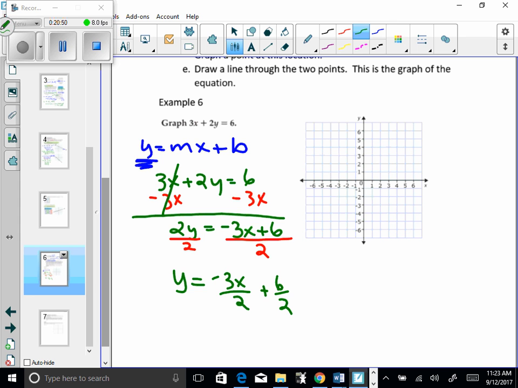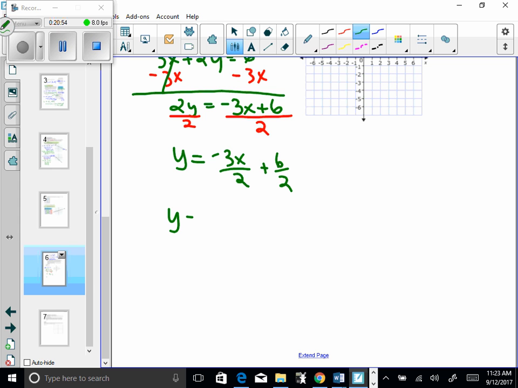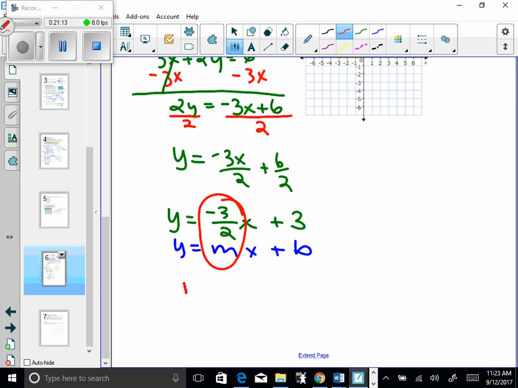And then you can reduce it if you're able to, which would be y equals negative 3 halves x plus 3. Then I'm actually going to go ahead and identify the parts. If this is y equals mx plus b, then my slope is negative 3 over 2, and b is 3.